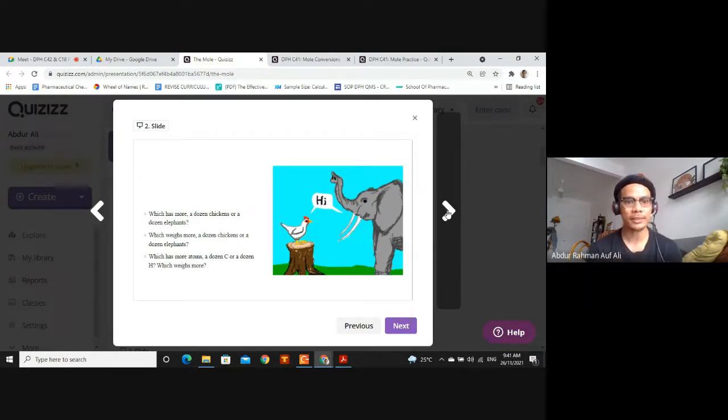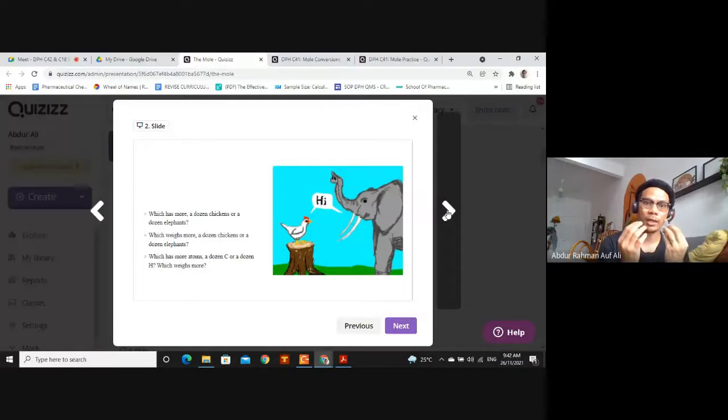Okay, question number 3, which has more atoms? If 1 dozen chickens is the same number as 1 dozen elephants, that means 1 dozen carbon is the same number as 1 dozen hydrogen.